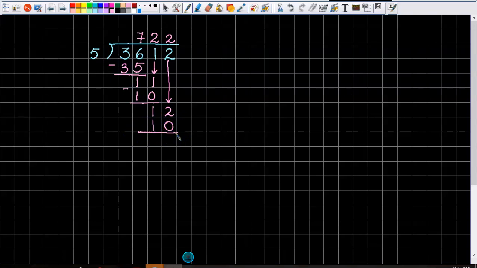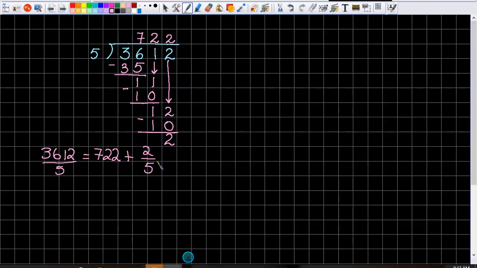Notice I'm having a bit of fun that every number has a square. Every square has a number. 12 take, don't forget the take. We've got 2. And so this, my friends, is the remainder 2. So I can say that 3,612 divided by 5 gives me an answer of 722, and here's my remainder, 2/5, because it's 2 out of 5.